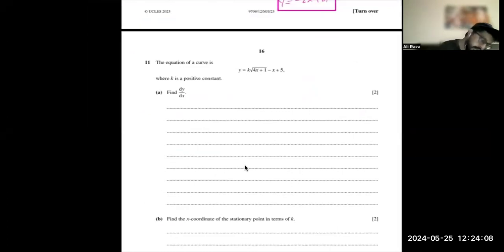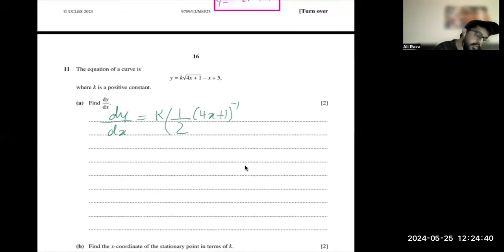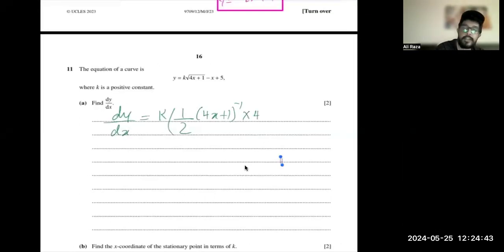Question 11 now. So we need to find the dy by dx for the given equation. And k is a positive constant, so dy by dx over here would be k times 1 over 2, 4x plus 1 power minus 1 over 2, multiplied by the differential of the bracket, 4, and minus 1 as the differential for x.